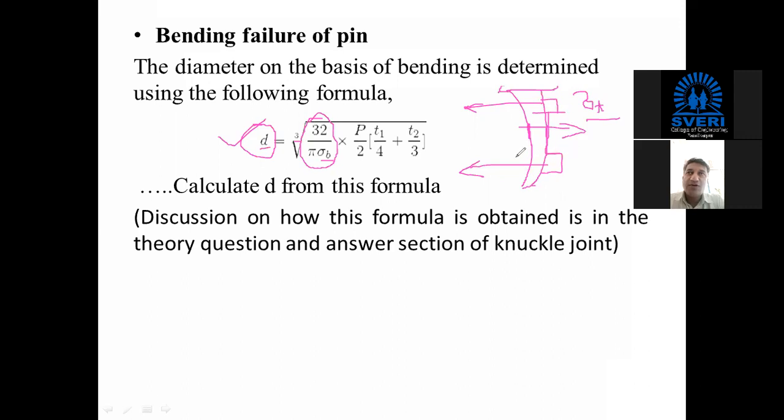How much force, how much of this area is used to pull in this direction, and how much of this area or length is used to pull in the opposite direction, those lengths are considered here, t1 and t2. t1 is nothing but the eye side, and t2 is nothing but towards the fork side.